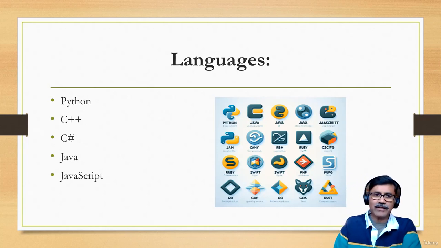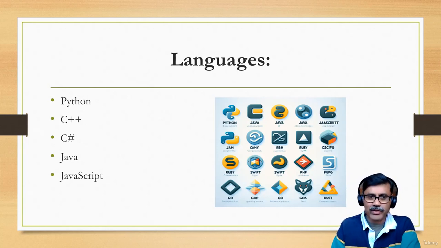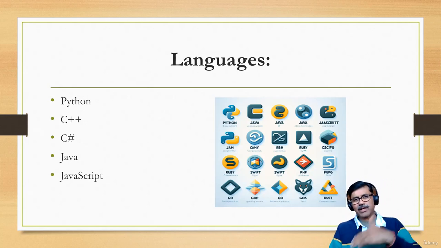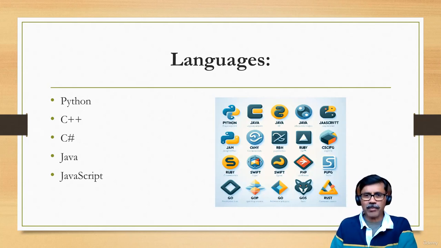So again, these are different programming languages. Some of them become popular one year, next year another programming language becomes popular. Right now, Python seems to be a very popular language. So we will be focusing on learning how to write computer programs using Python.